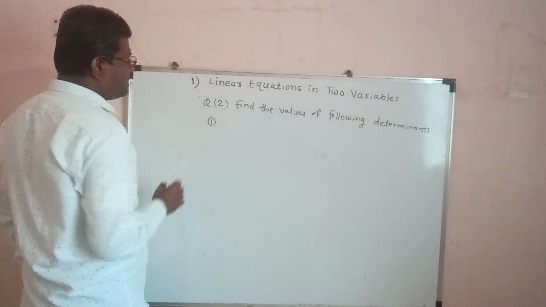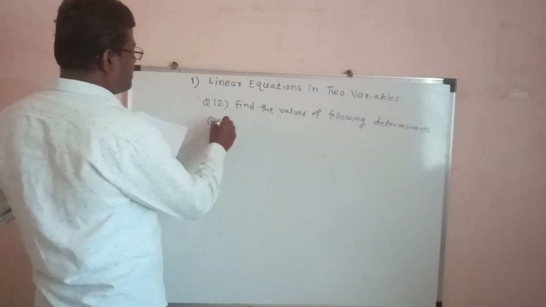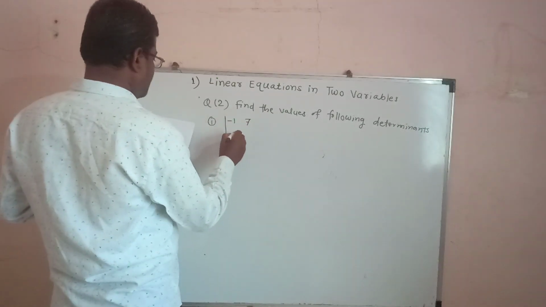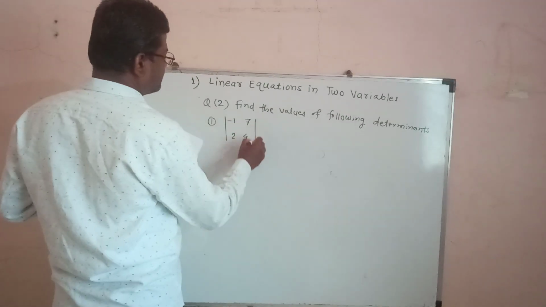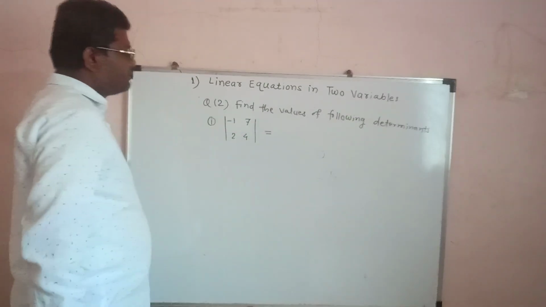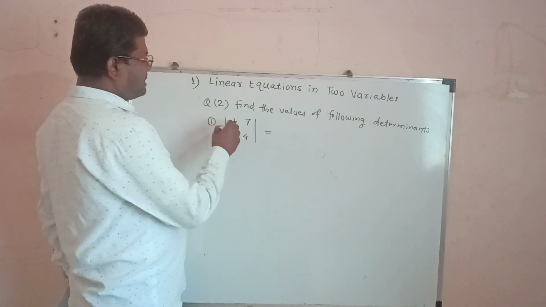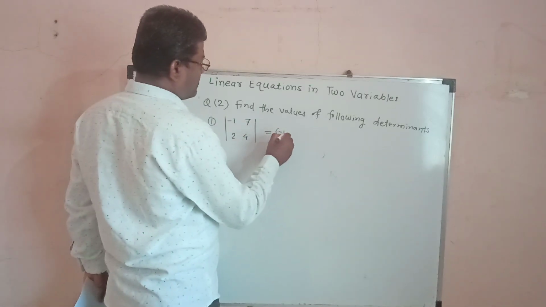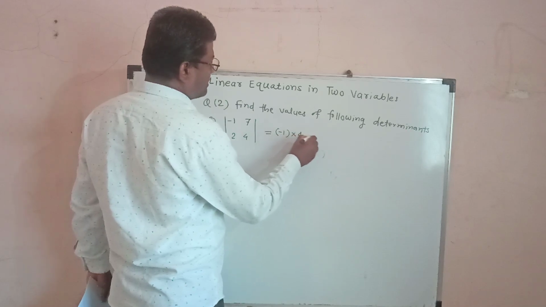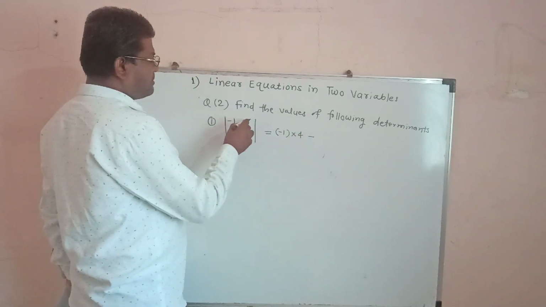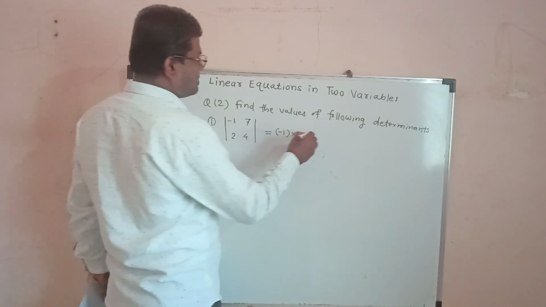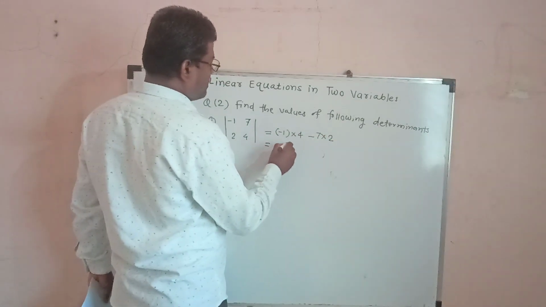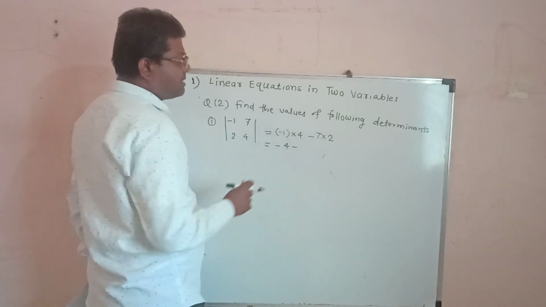Example 1: the determinant has numbers -1, 7, 2, 4. Now take the cross multiplication of -1 into 4, then minus the cross multiplication of these two numbers, 7 into 2. -1 into 4 is -4.